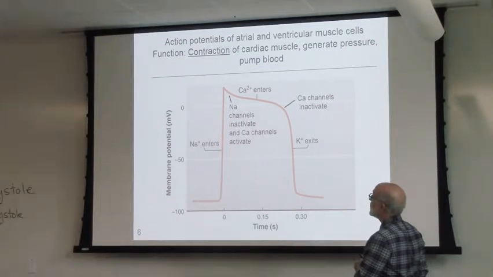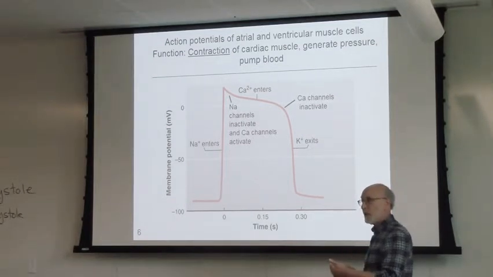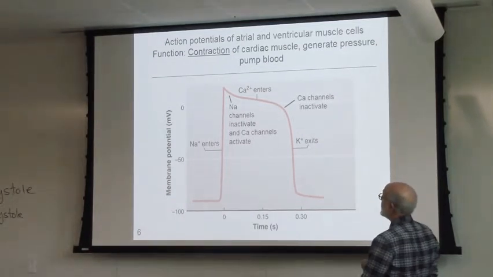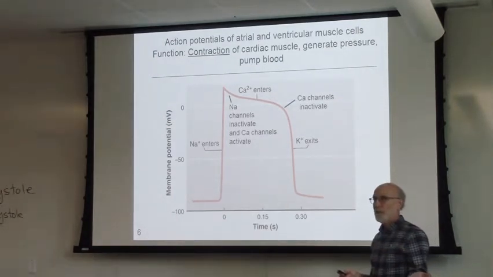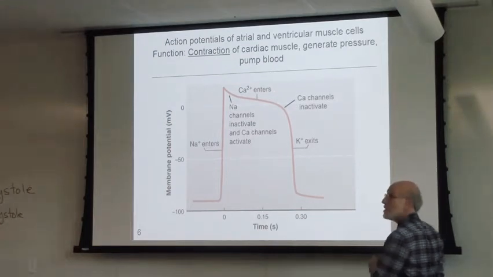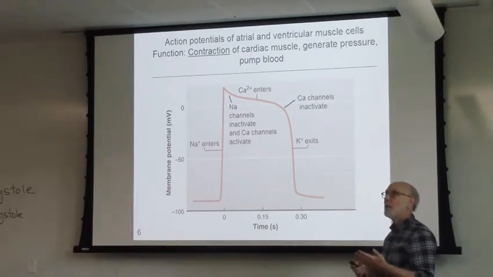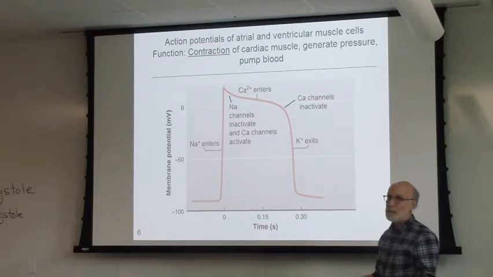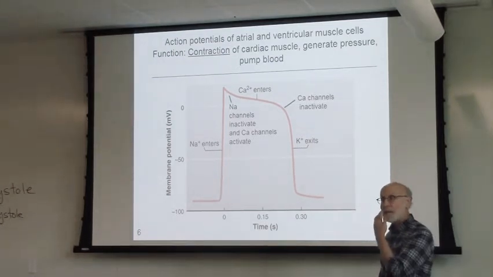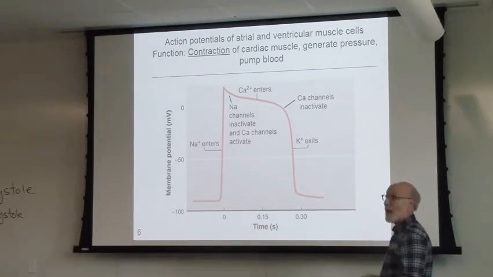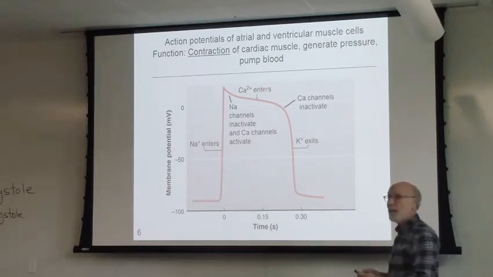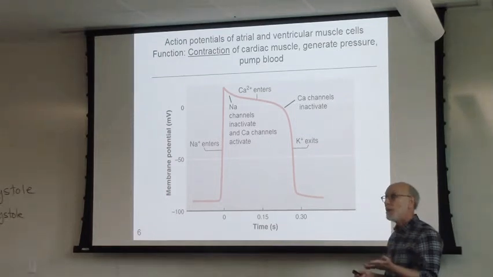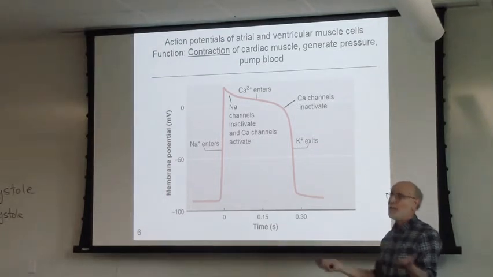The activation of the voltage-gated sodium channels, the depolarization, opens the voltage-gated calcium channels. Calcium flows in, calcium-induced calcium release from the SR, contraction. So this calcium entry is what triggers the contraction of atrial muscle, which is something that atrial muscle does.